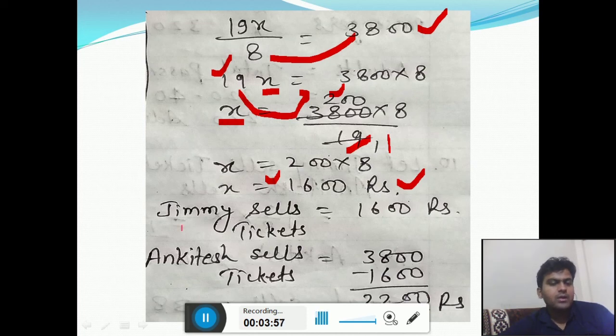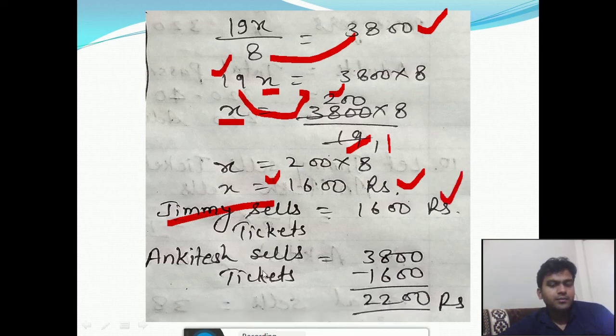For what did we assume x? For Jimmy we assumed x. So Jimmy sold tickets of 1600. Now Ankitesh sold what? The total worth of tickets that together they sold is 3800 minus the tickets sold by Jimmy.